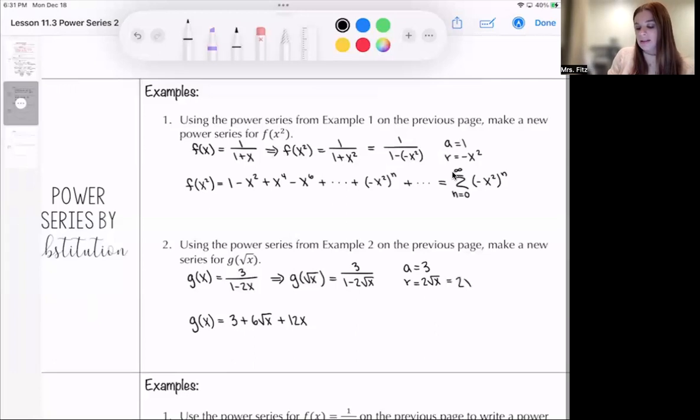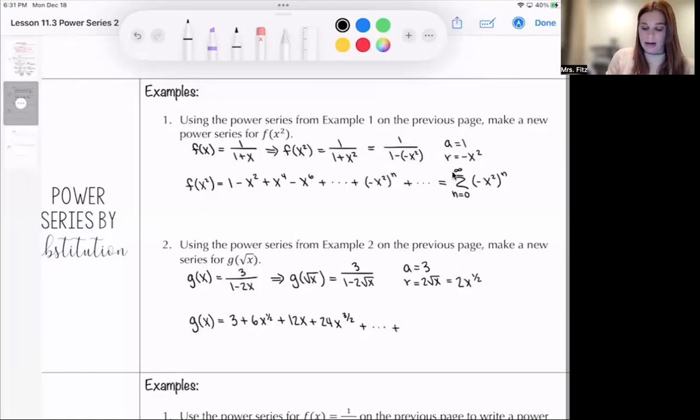So 2x to the 1/2. I'm actually going to rewrite that as 6x to the 1/2 instead. Okay, plus we're going to multiply 12x by 2x to the 1/2. And so we end up with 24x to the 1 plus 1/2 is 3/2. And then plus dot, dot, dot.